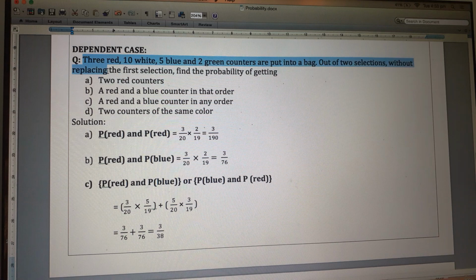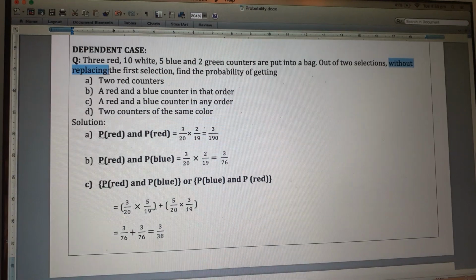Now this is important. Without replacing. Without replacing mean we have a dependent case, because when I will be taking out any one counter from red, from white or from blue, I will not be replacing it back into the bag. So when I will not be replacing it back, it means that my second selection will be affected from first selection.